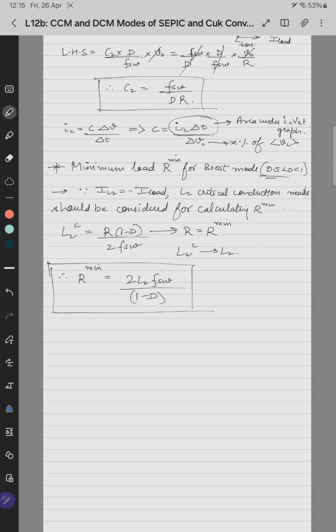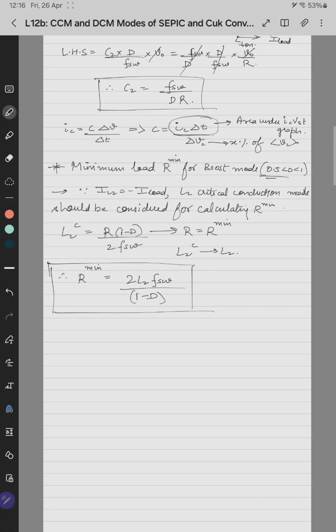So the expression of R minimum and L critical is the same. In the expression of L critical we write R and L critical. If we redo the same expression, we find R in terms of L, and in that case R is R minimum and L is the normal inductance, not the critical inductance.